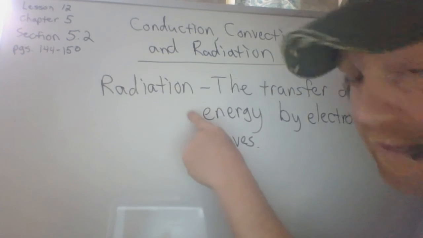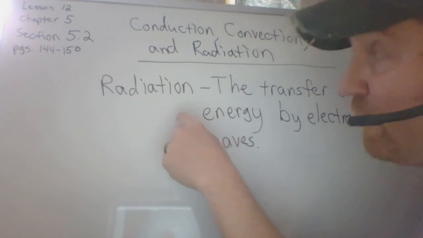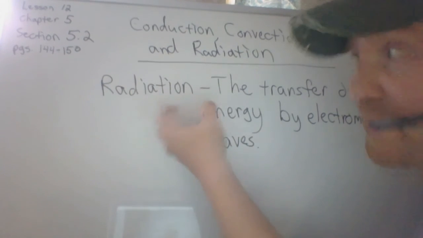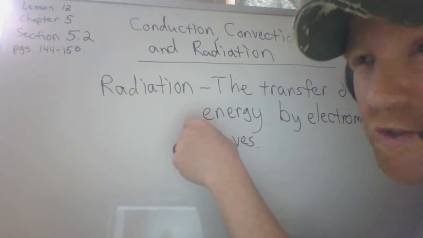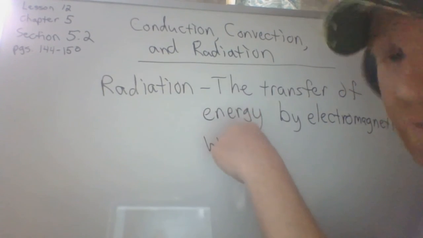I want you to think about the sun. The sun is 93 million miles away from planet Earth. Now, the sun we know is very, very hot at the core and on the surface, but how do we get energy from the sun? It travels in the form of radiation.